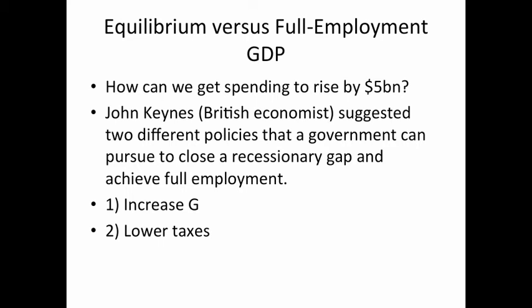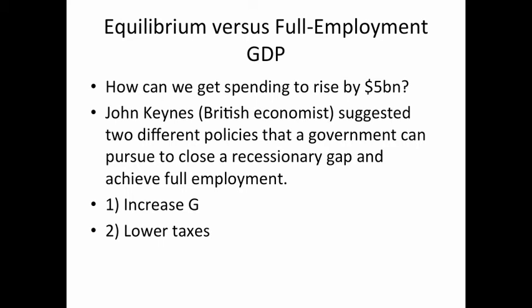There's a British economist by the name of John Maynard Keynes, in the early 1900s, who suggested 2 different policies that the government can use to close this recessionary gap and help the economy achieve full employment. So Keynesian economics is very much about the government stepping in and trying to help the economy out when it's not achieving its full employment potential.